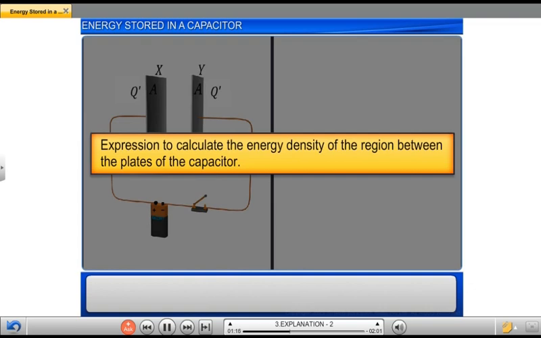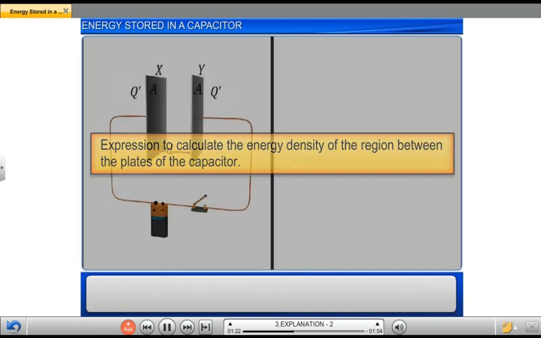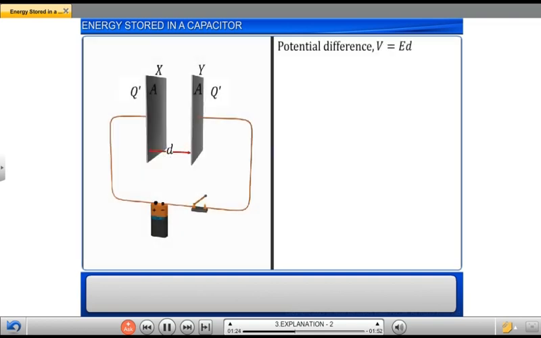Now let us derive an expression to calculate the energy density of the region between the plates of the capacitor. The electric field strength E between the plates of the capacitor is equal to V by D, assuming a uniform electric field between the plates. Let this be equation 4.